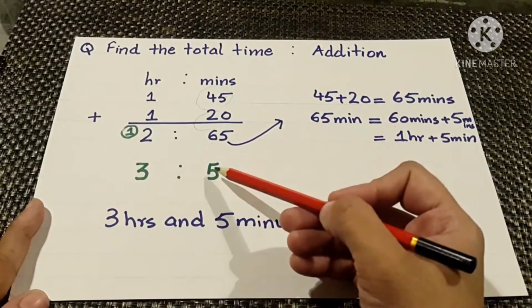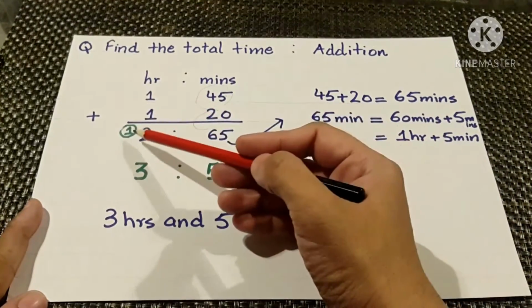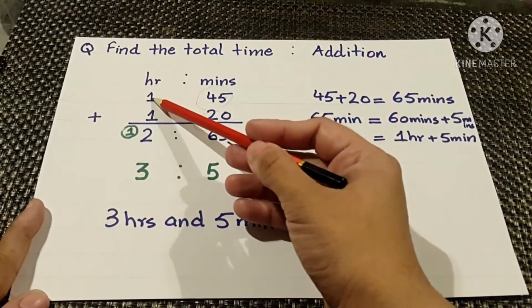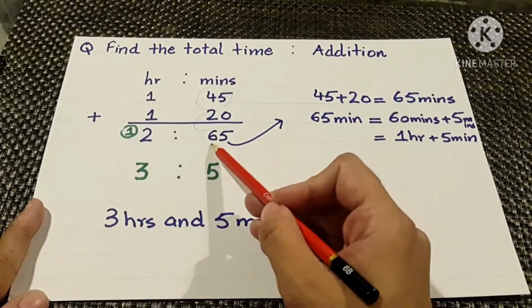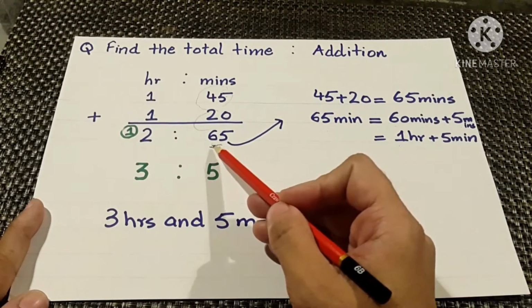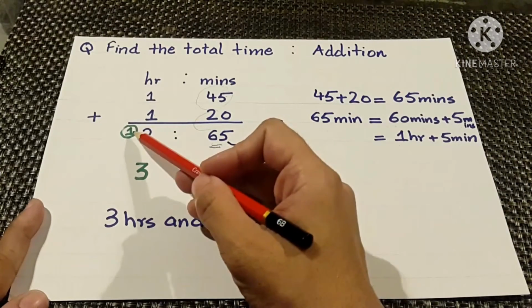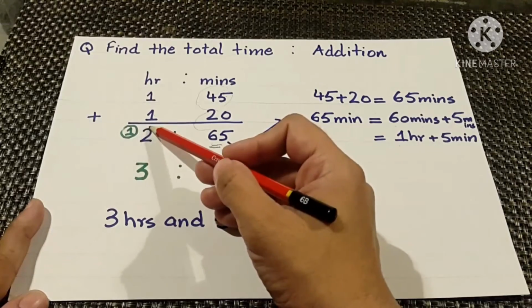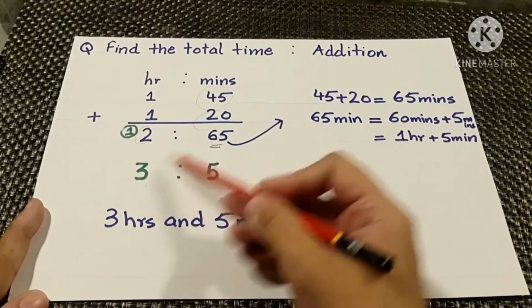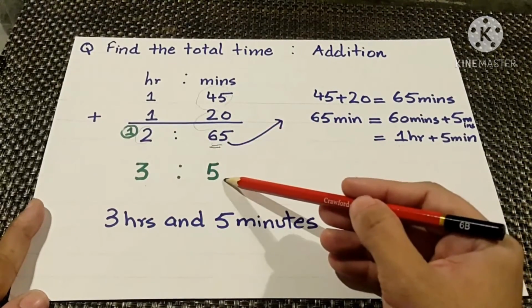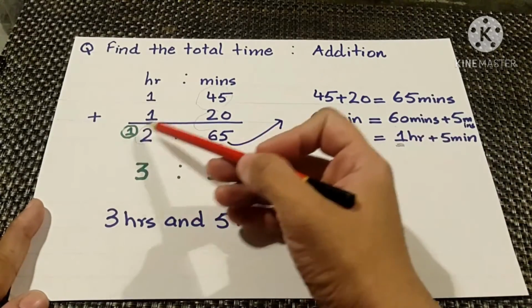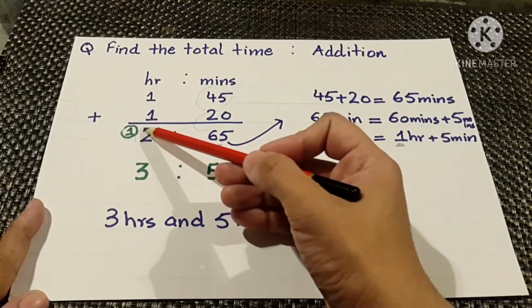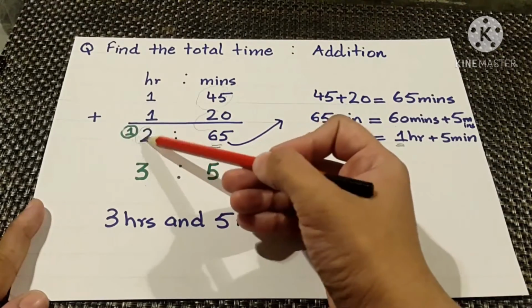So we can give 1 hour over here, because by adding these 2 hours we get 2, but 65 minutes is 1 hour plus 5 minutes, so we give 1 hour over here. The hours become 3 and 5 minutes is left behind, because 1 hour we have given to these 2 hours.